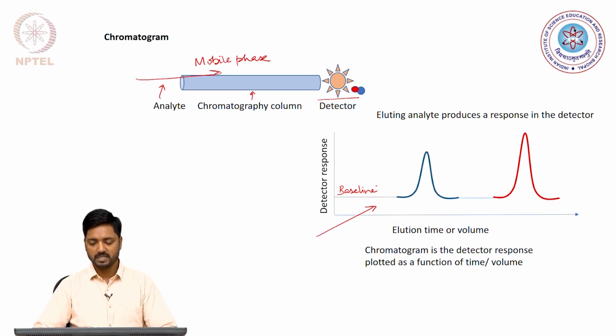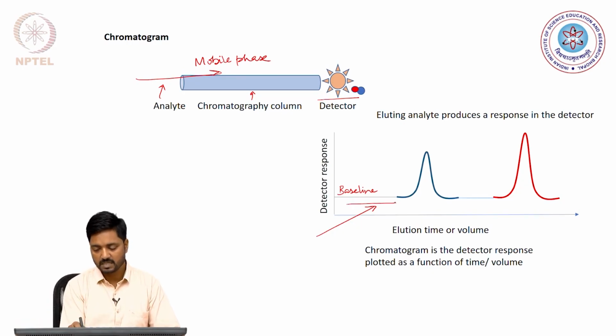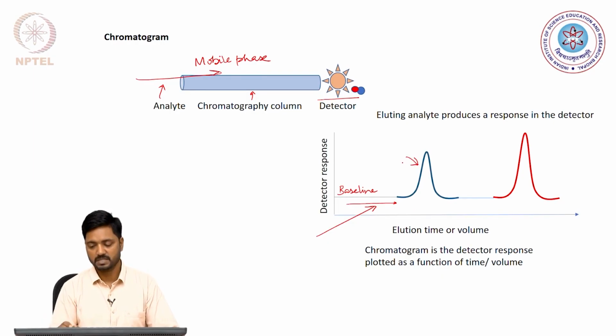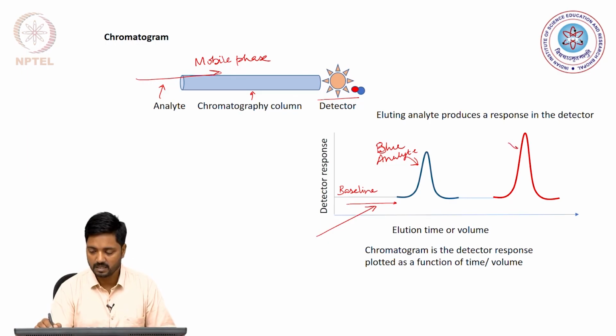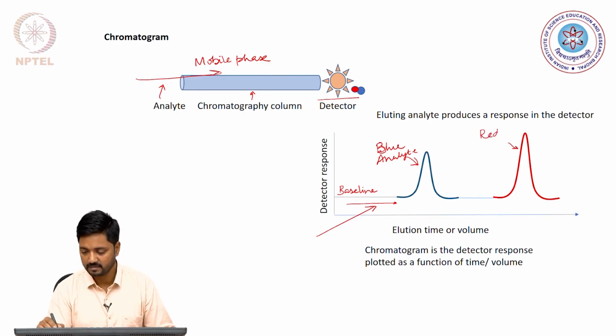What we observe here is that as time progresses, initially the blue analyte will come out and that will generate the signal which is indicated in blue. So, this is coming from the blue analyte. And as further time progresses, we see the signal being generated due to the elution of the red analyte.